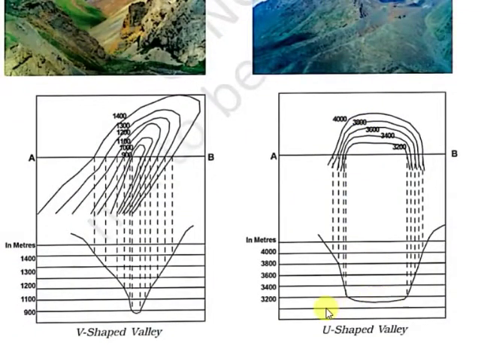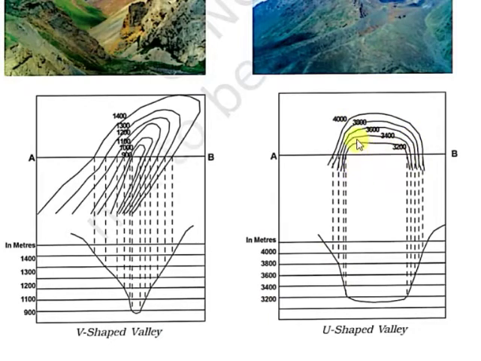Here is the central part, which is the depressed portion. This will be shown by the lower numbers, whereas the outer portion, like that of the V-shaped valley, will be shown by the higher numbers of contours, like here 4000, and it is decreasing in the depression.